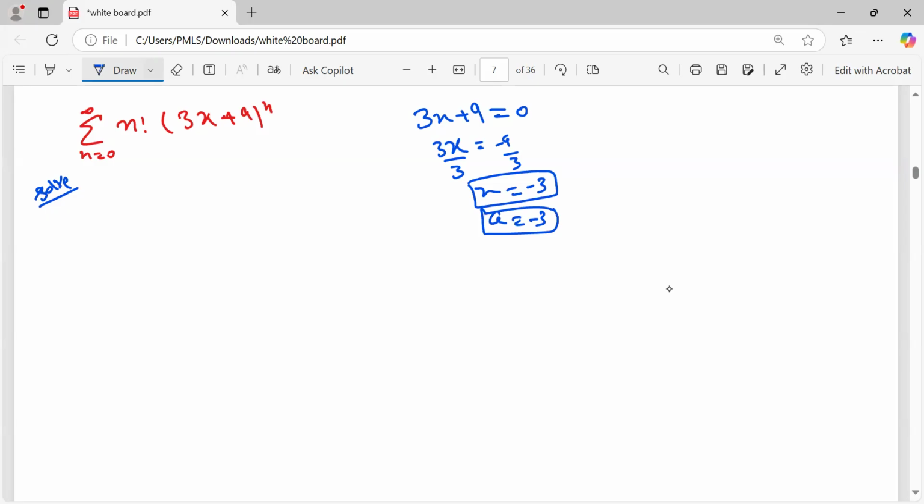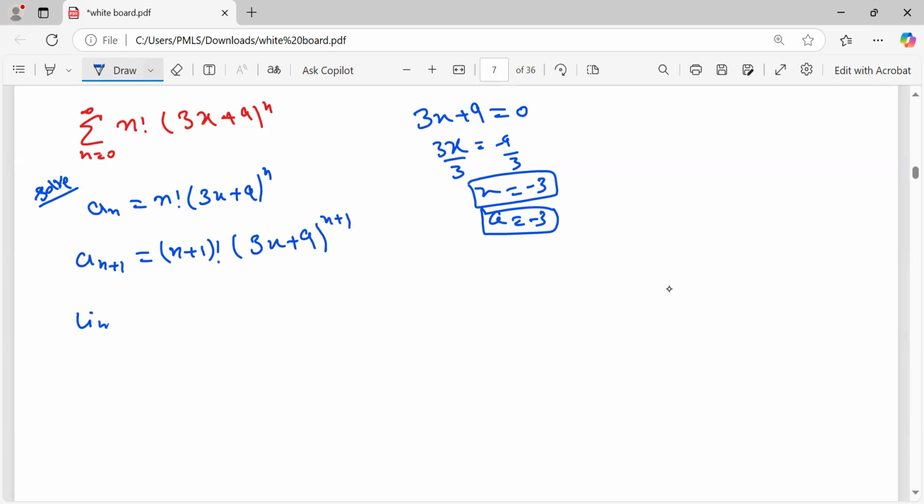Now see what will be a n. a n will be n factorial times (3x plus 9) raised to the power n. And what will be a n plus 1? That will be equal to (n plus 1) factorial times (3x plus 9) raised to the power n plus 1.